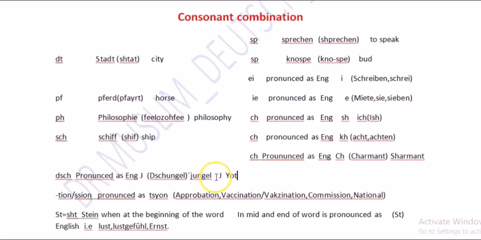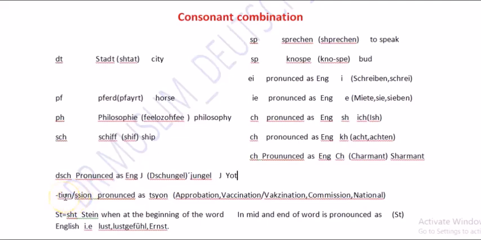But how do we write that J in German? We write dsch, pronounced as J in English. So when writing jungle in German, we write it like it gives the sound of J. We write dsch, Dschungel, jungle.